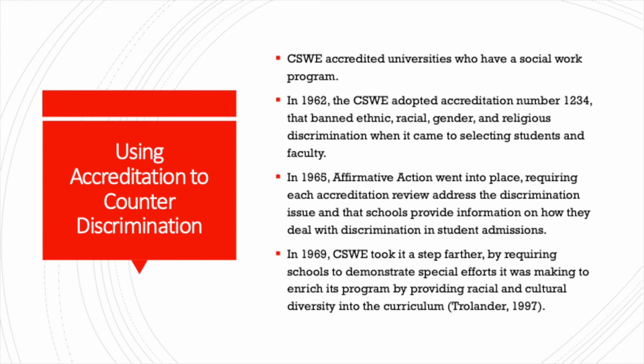In 1965, the affirmative action policy went into place, requiring each university undergoing accreditation to review, address the discrimination issues, and the schools provide information on how they deal with discrimination in student admissions.